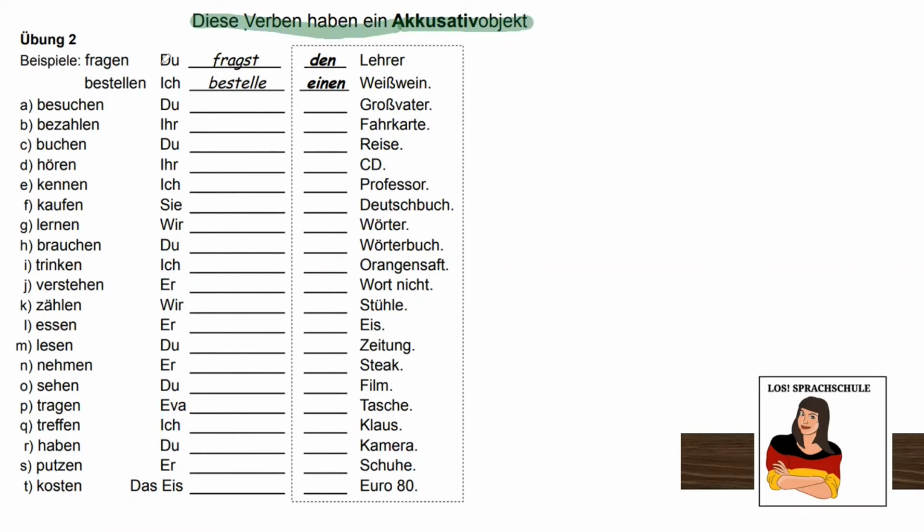Fragen, to ask. Du fragst den Lehrer. You ask the teacher. Bestellen, to order. Ich bestelle einen Weißwein. I order a white wine. Okay, you can fill in the blanks if you want and can, and we will compare it together in a second.